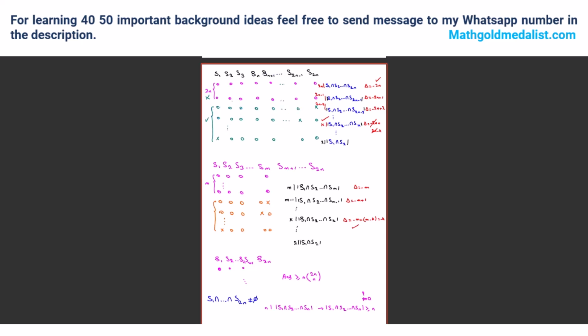Then by moving to the next step, suppose by induction, these m subsets have a non-zero number of elements. Then we move to each of the m minus 1 subsets, with some elements. So again, if we consider the intersection of m minus 1 subsets, it cannot be a null set, and so on like this to reach S1 to Sn, right? Understood, or do you want me to explain it again?